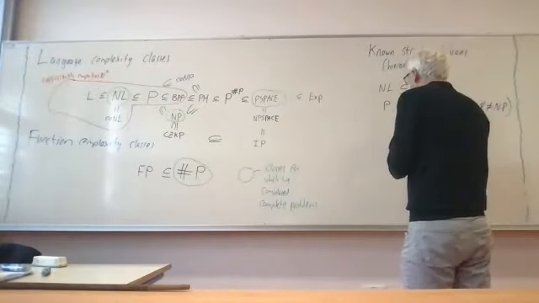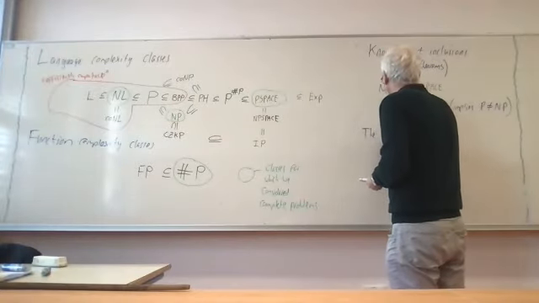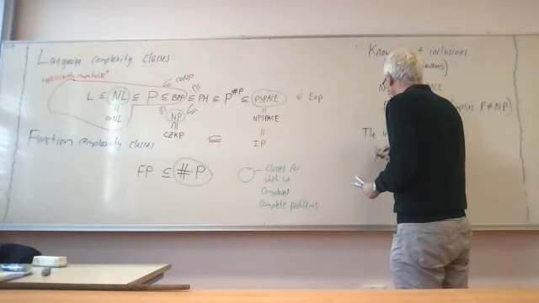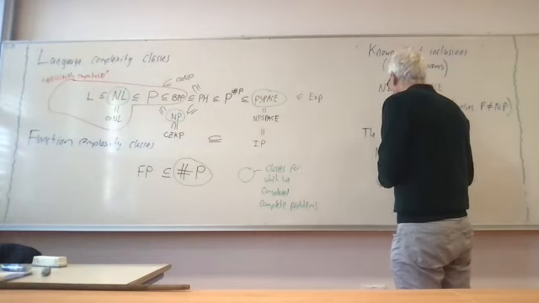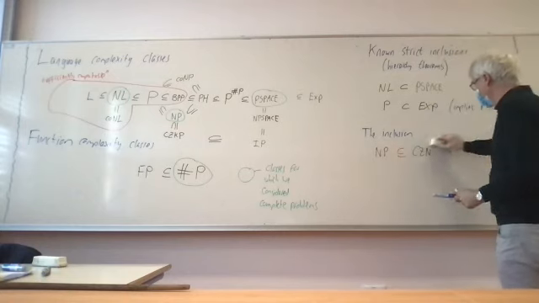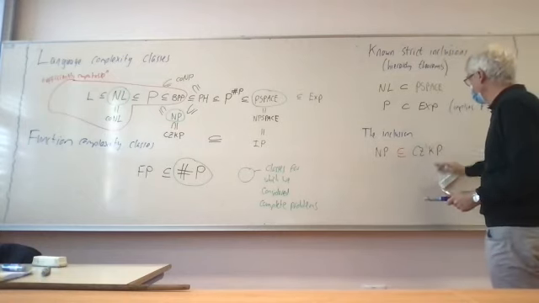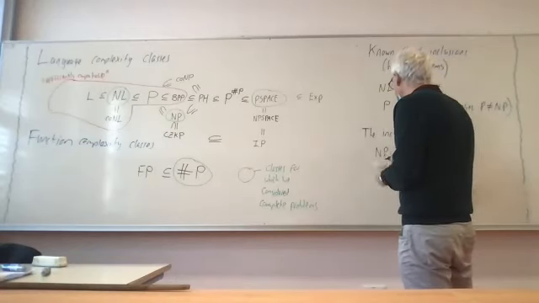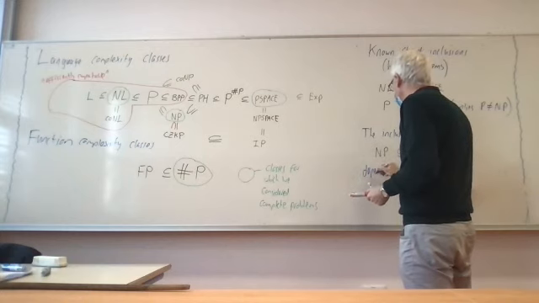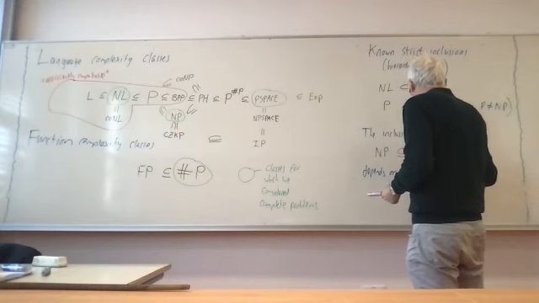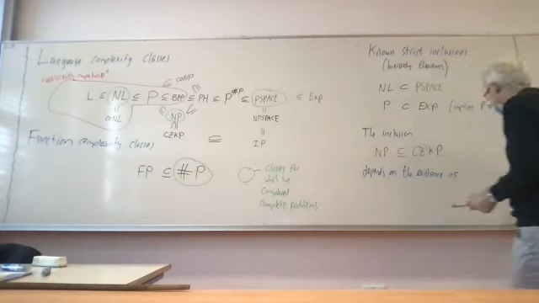So the inclusion containing computational zero knowledge proof depends on the existence of a one-way function.